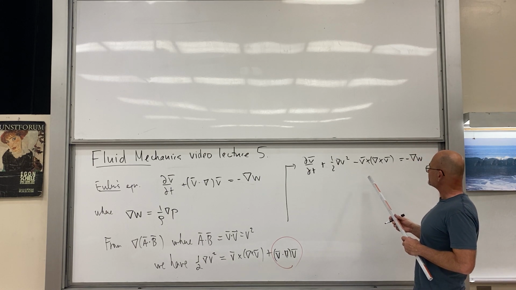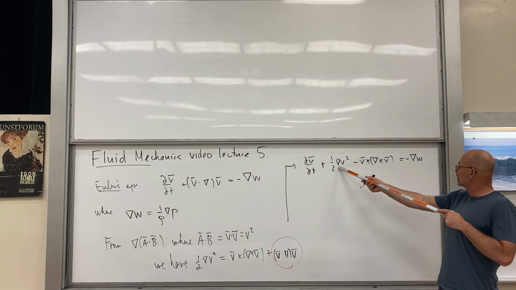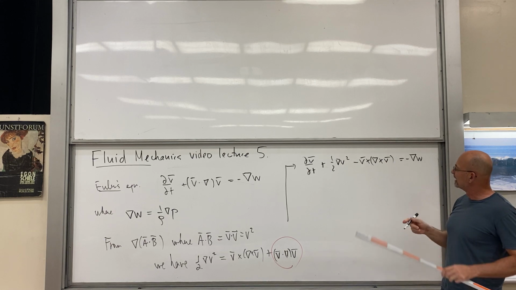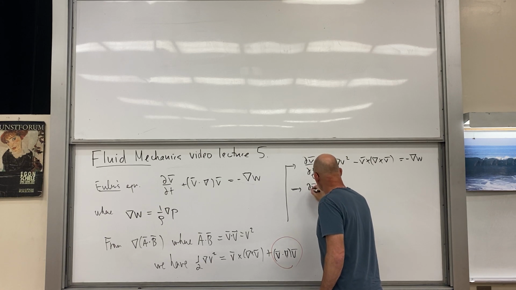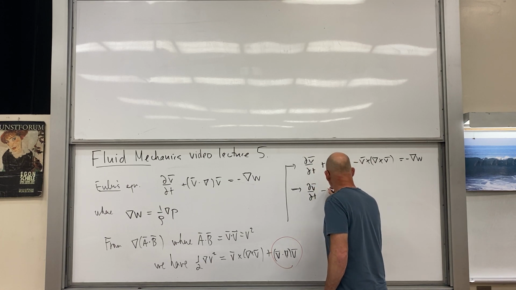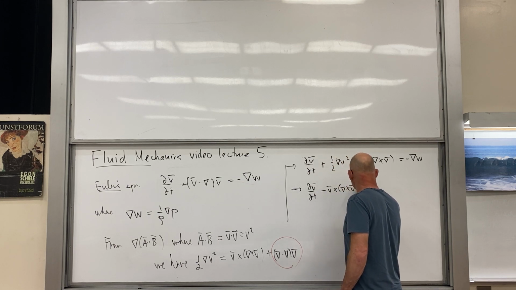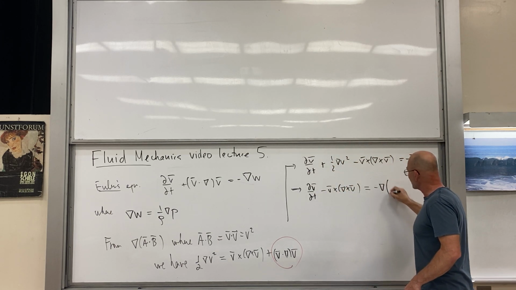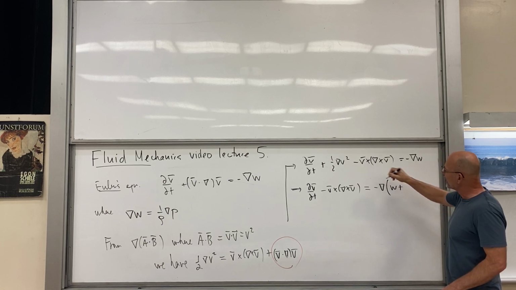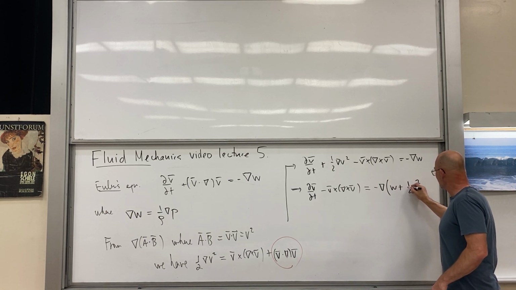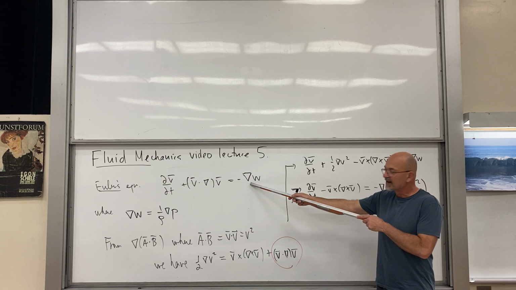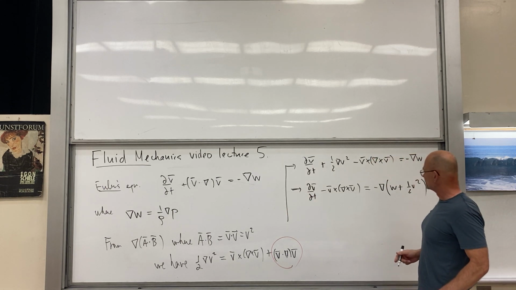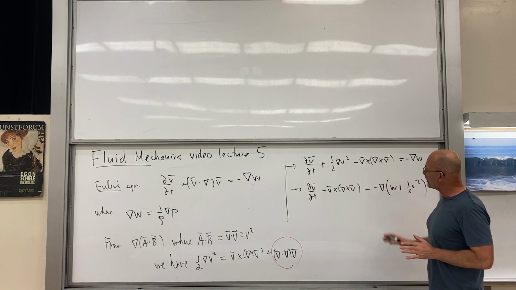Now, here we have obtained this gradient expression of v squared, so we're going to bring that under the gradient, and now we will have dv dt minus v cross curl of v equals minus the gradient of W plus 1/2 v squared. As I said before, we couldn't have done that, bring something under the gradient, if we hadn't gotten this in that form there. Okay, so that's another form of Euler's equation.